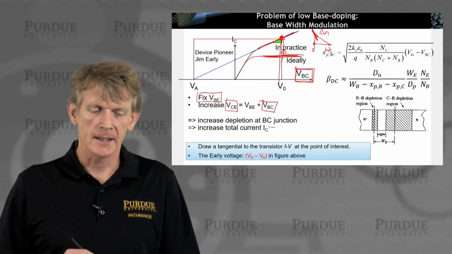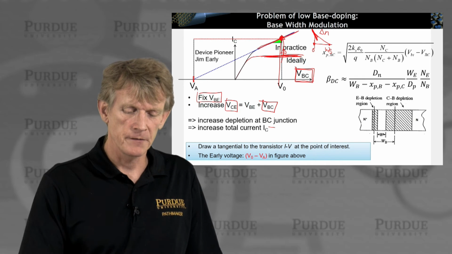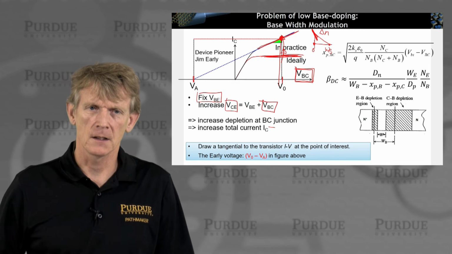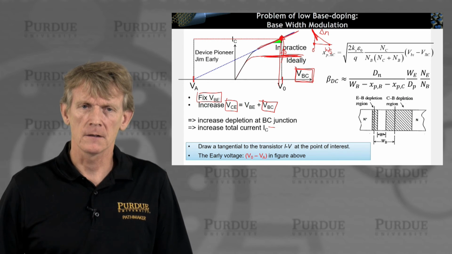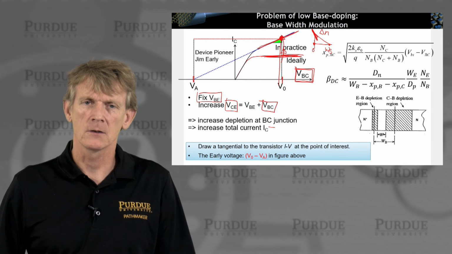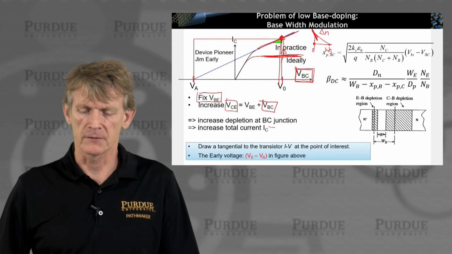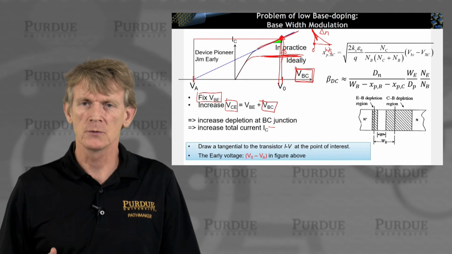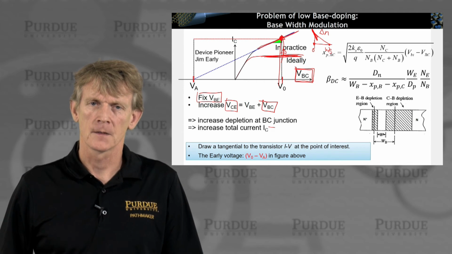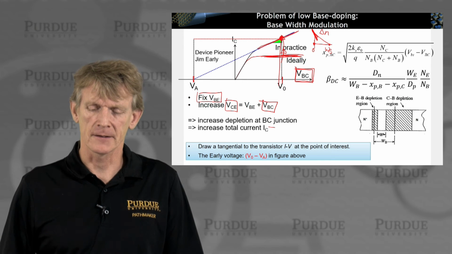And that distance between VA and V0 is called the early voltage. It's named for one of the early researchers, Early, who explained this effect well. And that is due to the base width modulation in your BJT. Okay, so that is not an ideal thing.